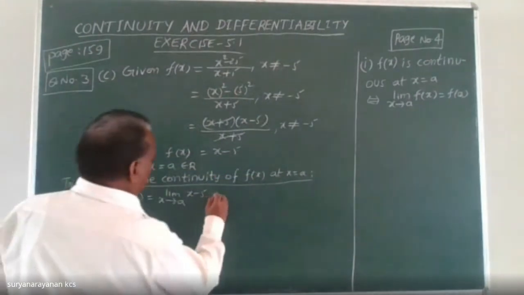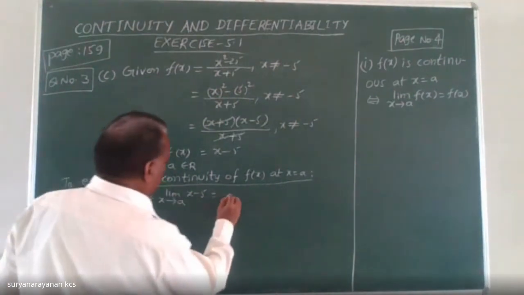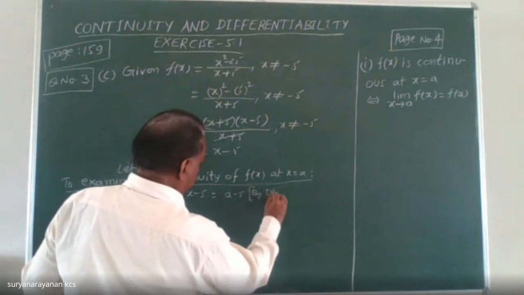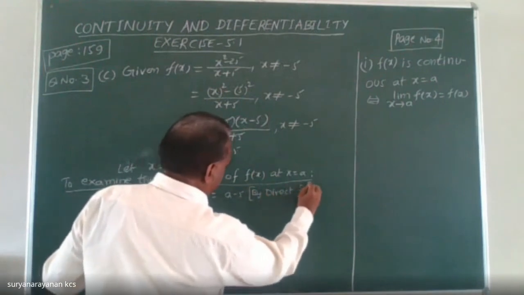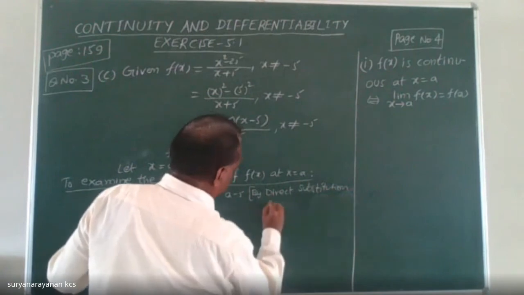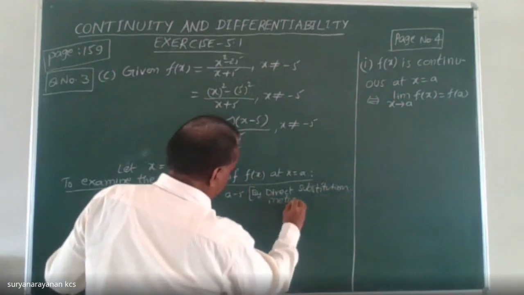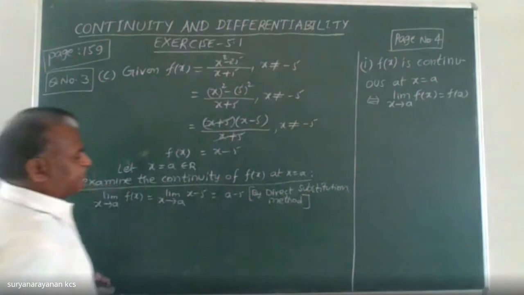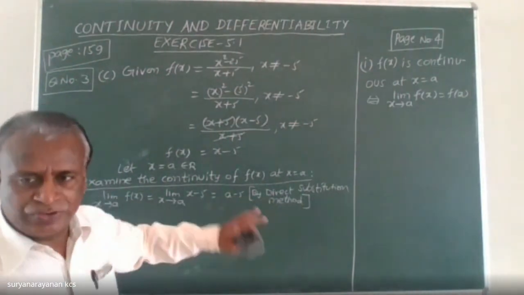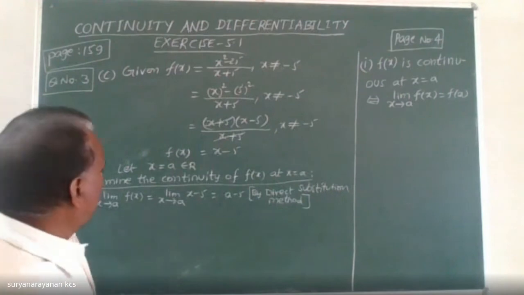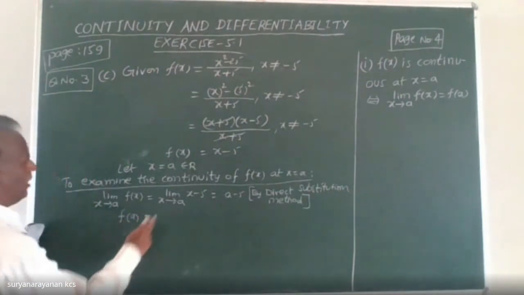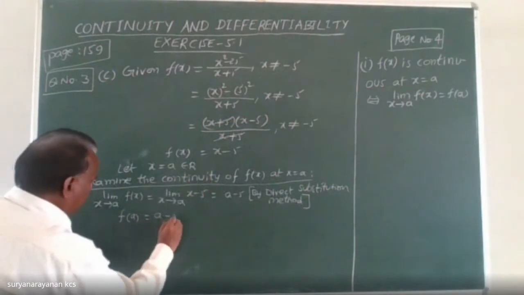So that is equal to a minus 5 by direct substitution. By the direct substitution method, we got the limit of this function as x tends to a is a minus 5. Now f of a is equal to a minus 5 only.